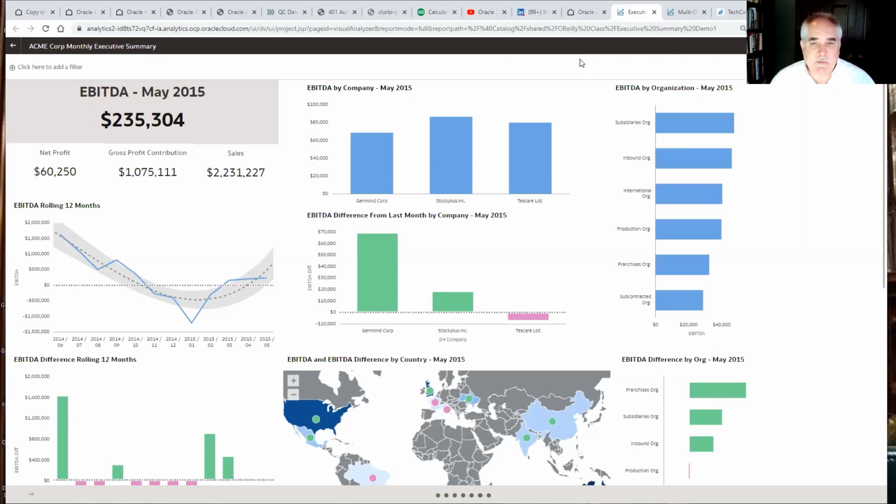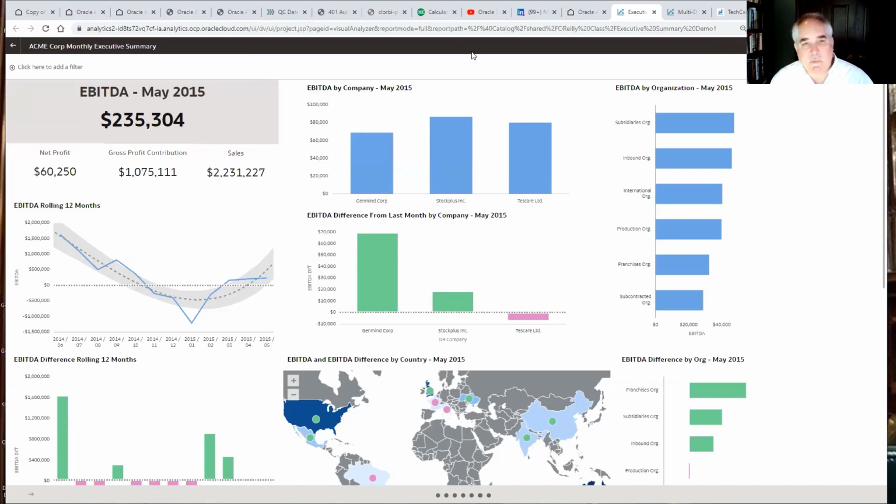The other thing that we strongly believe in is having a topic. And so all of our layouts are built around the idea of what is the topic. So the topic here is EBITDA for this company, for Acme Corp, in May of 2015. This says what everything else in the dashboard is about.